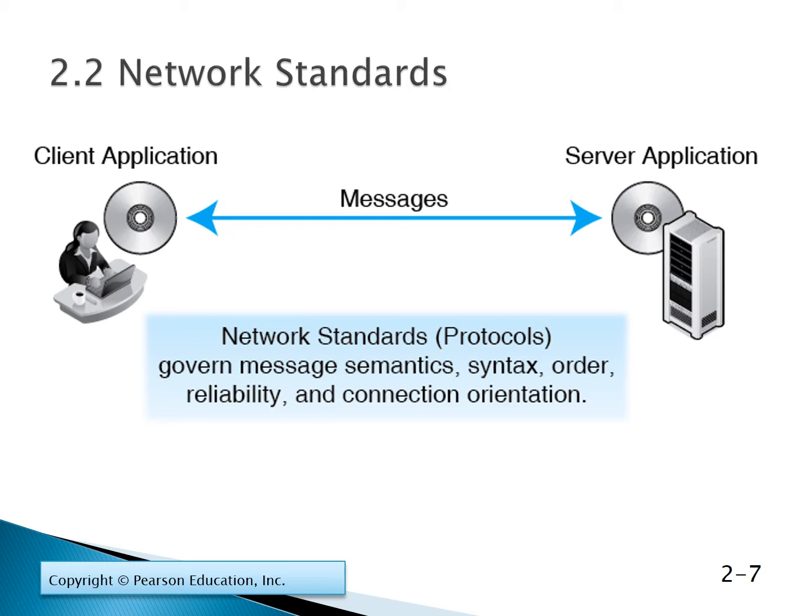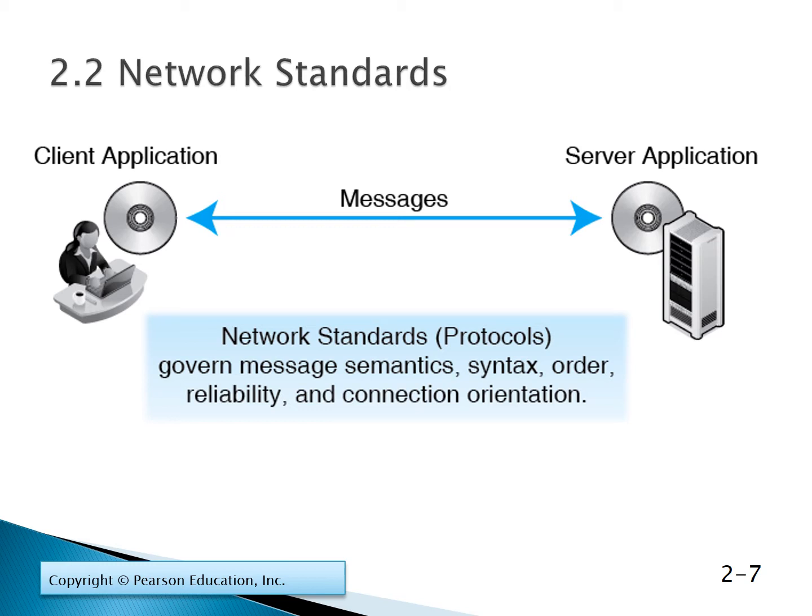When we say a protocol is reliable, that means you will try to make sure that a message is delivered correctly and successfully. After a message is sent, I will need to wait for acknowledgement, saying the message has been received by the recipient. If I did not get the acknowledgement, I will try to resend the message again. So I try to ensure that the message has arrived at the recipient successfully.